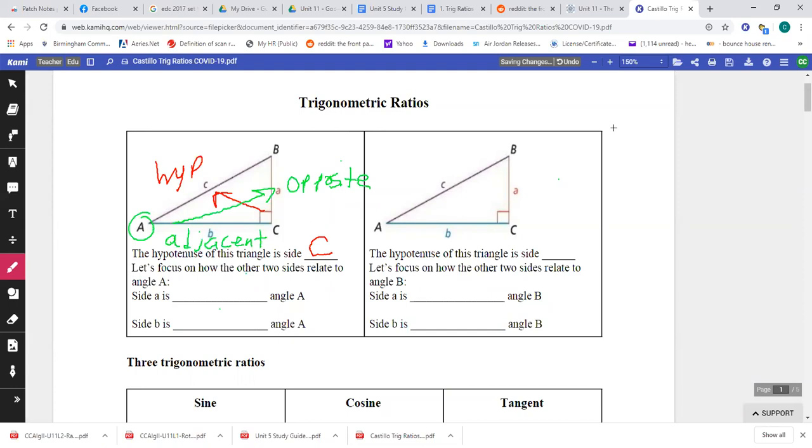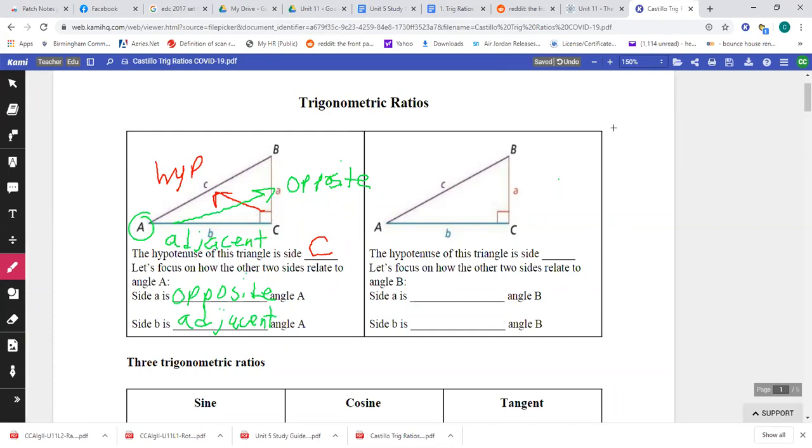Okay. So this is Sohcahtoa. So side A is opposite angle A, and side B is adjacent to angle A.